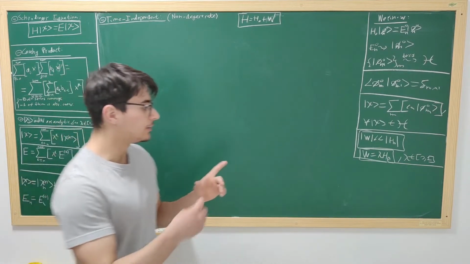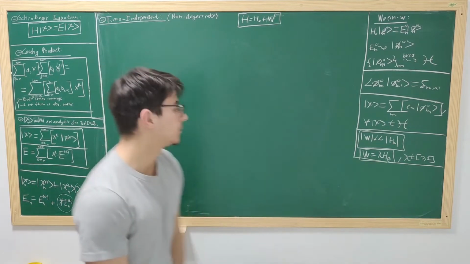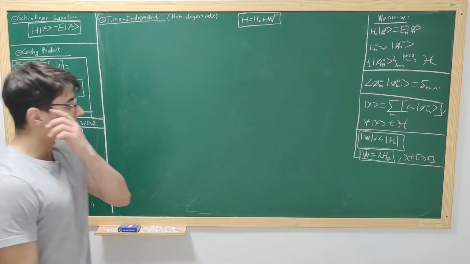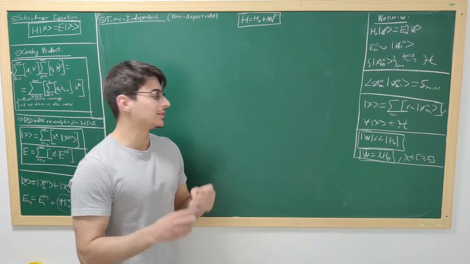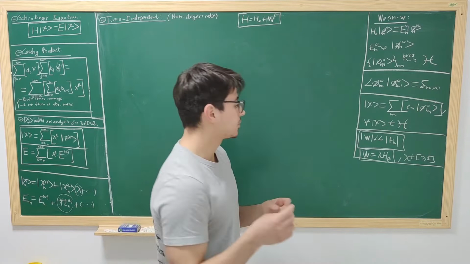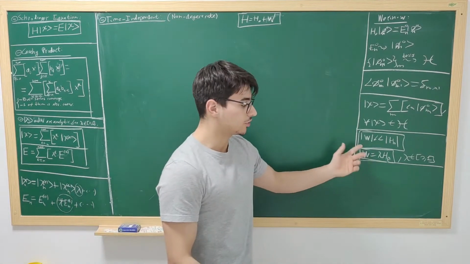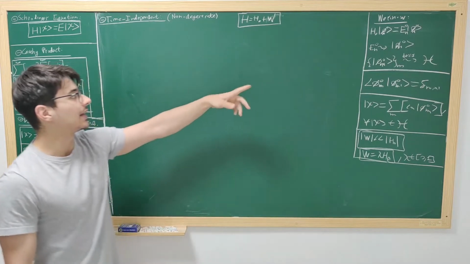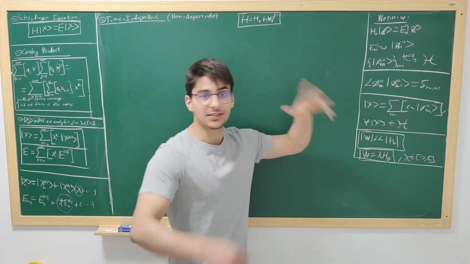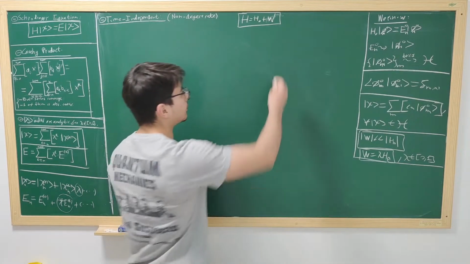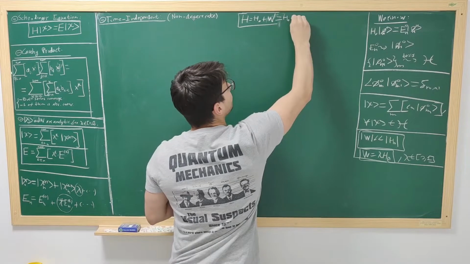But for now, just to keep track of the orders, as we will see later, we're going to introduce this lambda, okay? But really, this lambda is nothing, it's just 1. So it doesn't really matter if we put it or not. And even if it weren't 1, you just substitute W like this and re-express the perturbation in terms of this new perturbation Hamiltonian. So we can rewrite this as this.